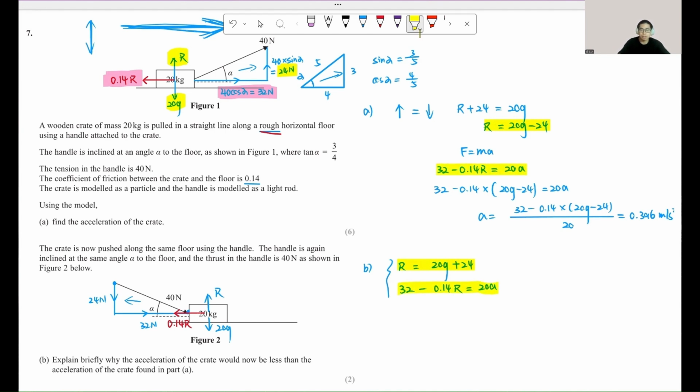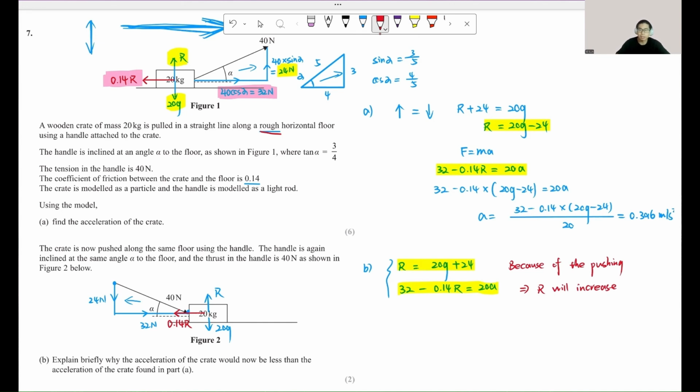It doesn't change. So from here, we can see that because of the pushing, the normal reaction R will increase. Because before it's 20g minus 24, now it's 20g plus 24.